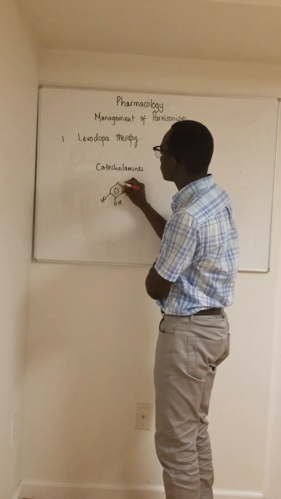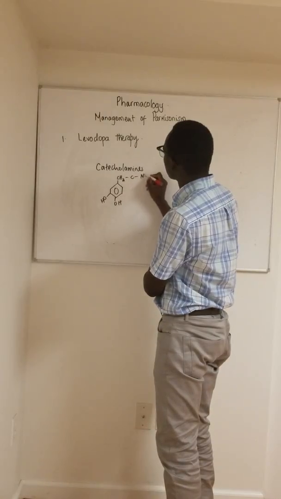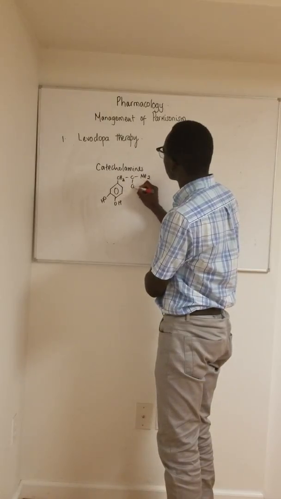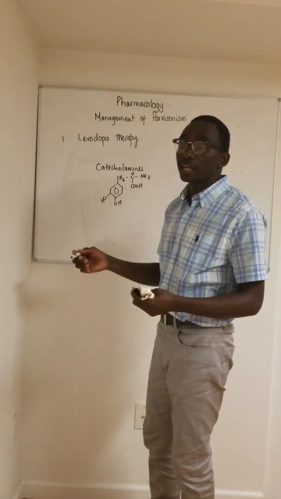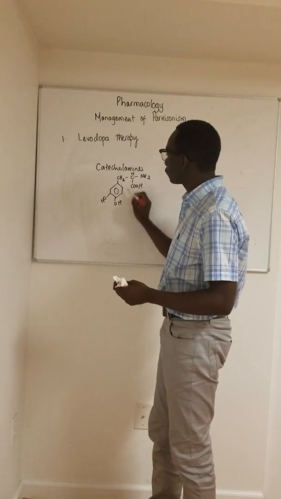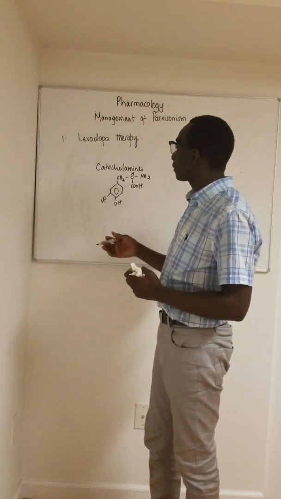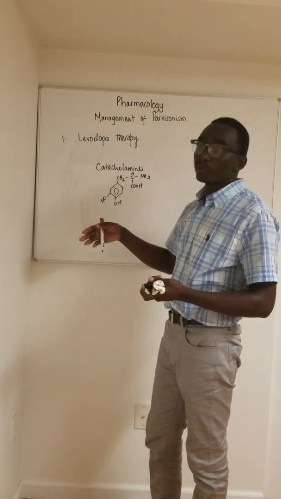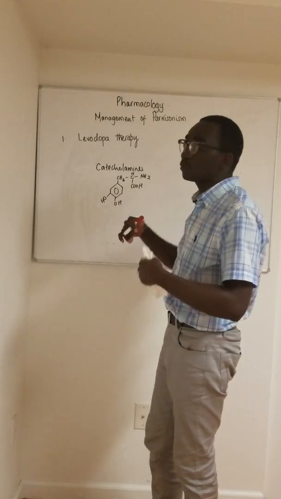So for a compound to be called a catecholamine, it must have this benzene ring and an amine. And levodopa is a catecholamine, because it possesses both of these. So therefore, levodopa is used in the management of Parkinsonism, reason being that it is converted to dopamine when it is taken into the body.